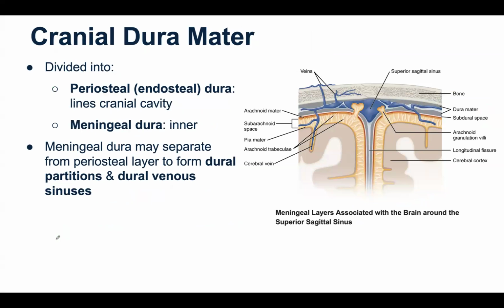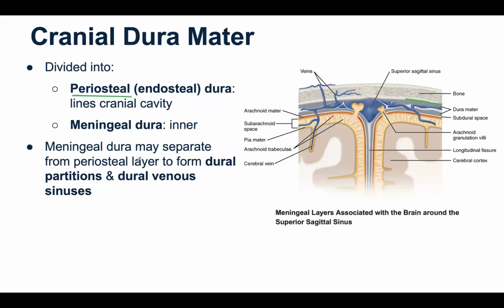Okay, so the biggest difference between the cranial and the spinal dura mater is that the cranial dura mater is divided into two layers. There is the periosteal, sometimes referred to as endosteal dura, which lines the cranial cavity. So it's actually adhering to the internal surface of the bone. It's in essence the periosteum of those cranial bones.